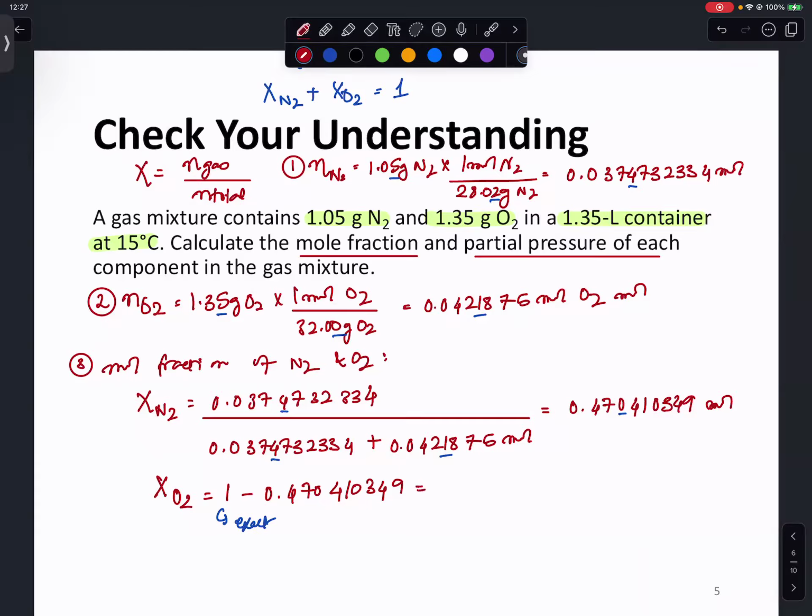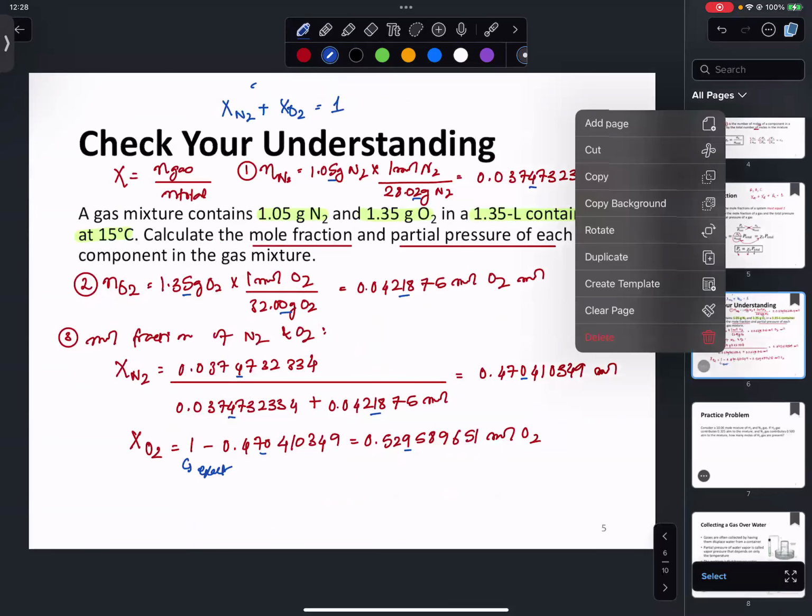In this case, I get 0.529589651 for oxygen. Again, 3 sig figs. Now, I have finished calculating the mole fractions. Let me duplicate the slide right here.